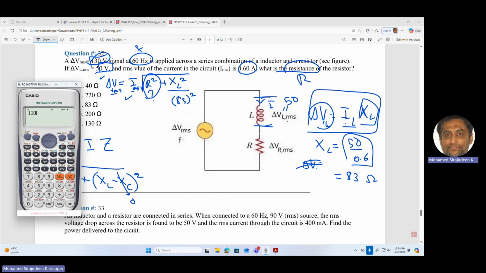130 equals IRMS is 0.6 multiplied by, start the bracket, square root of R squared. That is the question, right? So I'll call it X, squared plus XL is 83, right?